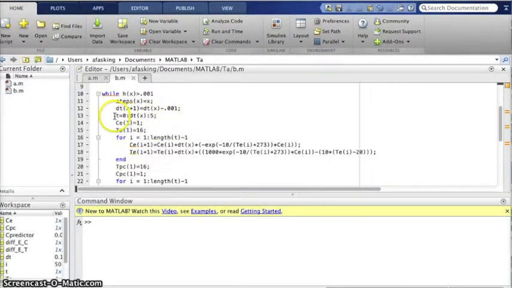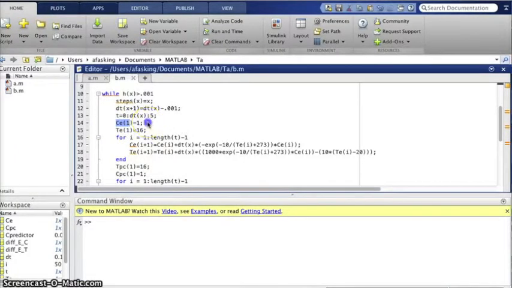So once again, we have our t equals 0. We wanted to use dt of x here because it's changing as we move through from 0 to 5. And then our concentration initial of 1 is equal to 1. Our temperature of 1 is equal to 16. And then inside of there we had to do a for loop for the original Euler method that we just copied and pasted from our other script.